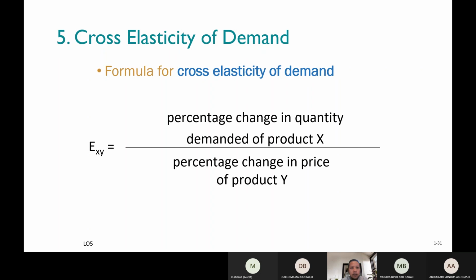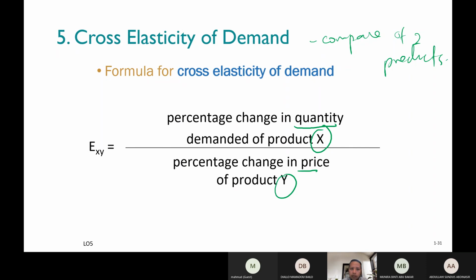So another aspect of elasticity is cross elasticity of demand. This is where we compare two products. The formula shows the quantity demanded for product X when the price of product Y changes.